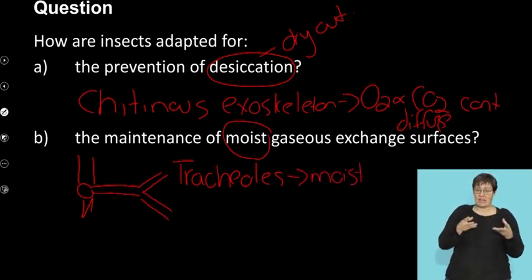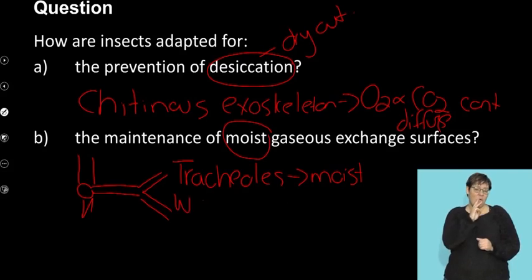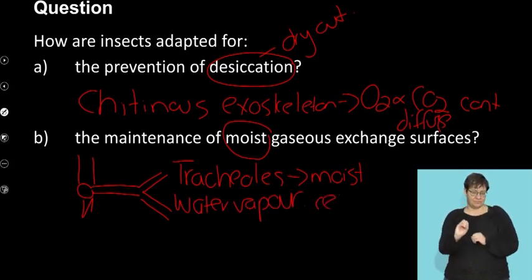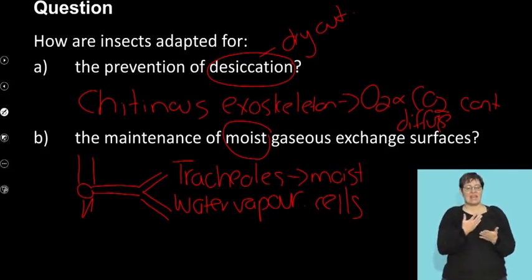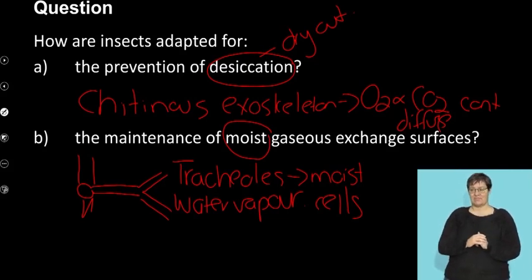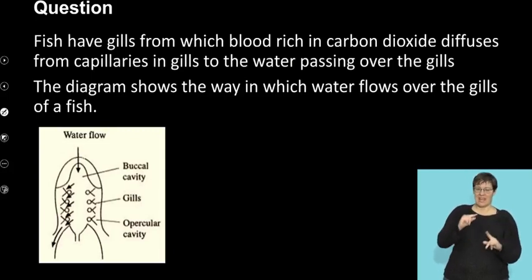There is a form of water vapor there, right near the cells, and the cells also have a layer of fluid around them. So that is how they are able to have a gaseous exchange system that is moist. As we said, a very important part of an effective gaseous exchange.